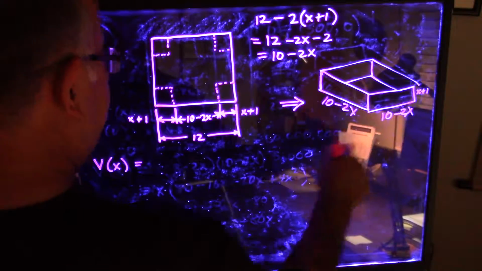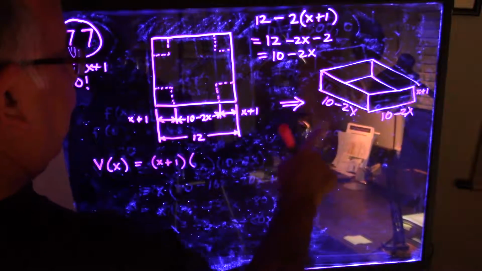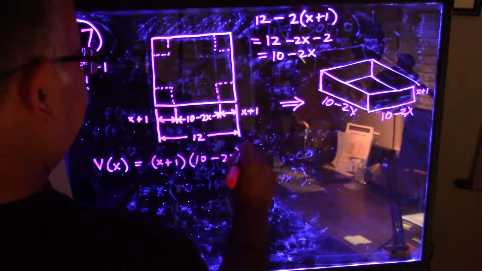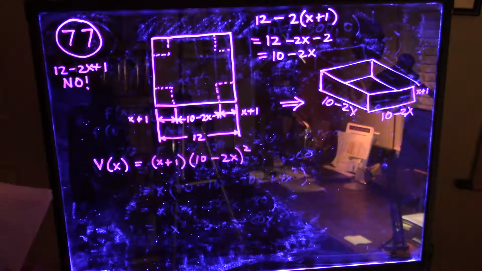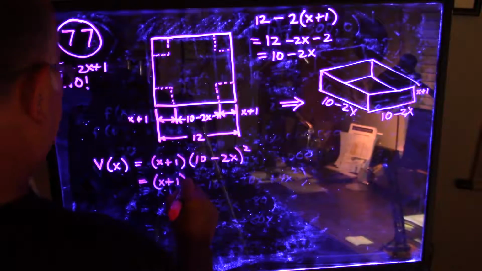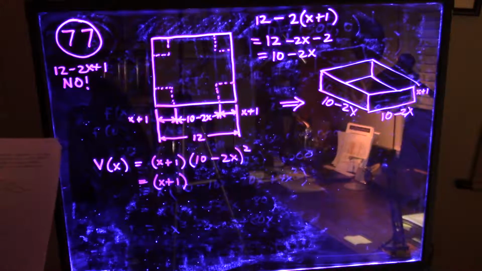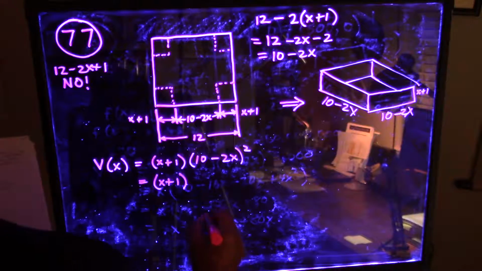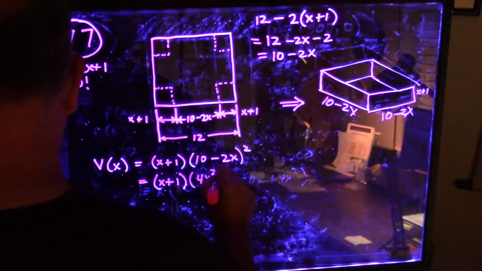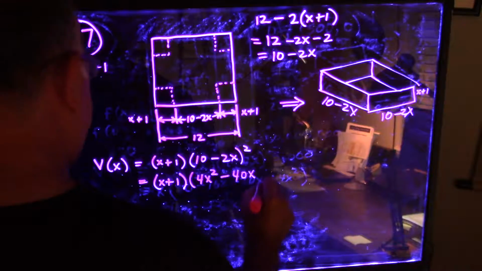This times this. Instead of writing that times that, just write quantity 10 minus 2x, squared. So this is equal to x plus 1 times, square that out, a minus b quantity squared is a squared minus 2ab plus b squared. Or it's 4x squared minus 40x plus 100.